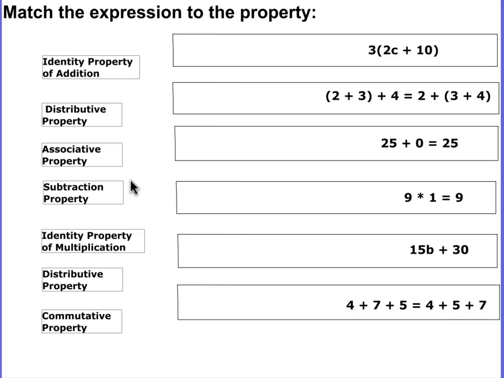And then I want you to write alongside of it which of these properties you think is represented by the expression. So take about 4 minutes, pause the video here, write down these expressions on paper, and then match them up with the name of the property that you think is indicated in that expression. Okay? Pause the video, come back in 4 minutes, or when you're finished.